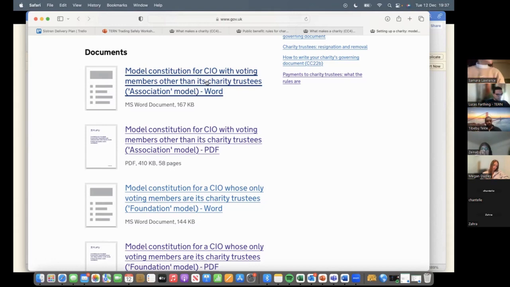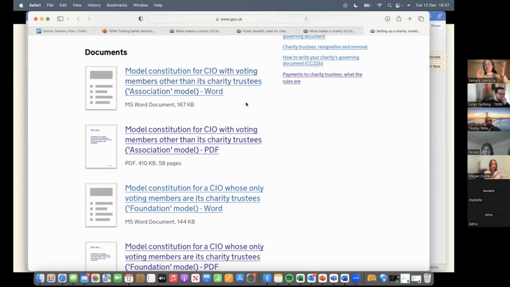I'm trying to think of other examples. Sports clubs quite often have this model as well, where the members of the club are all those people that play sport in the organization who want to turn up to meetings and have a say in how the organization's run. Some organizations like it because they can bring a broader group of stakeholders into the overall running of the organization, but it can be a more complicated model to administer.